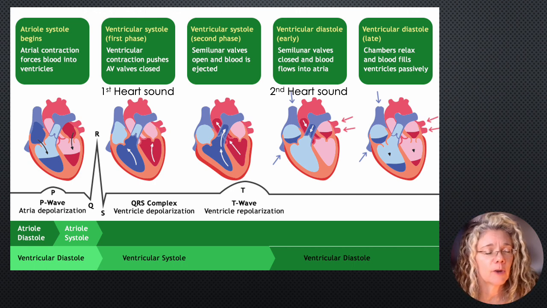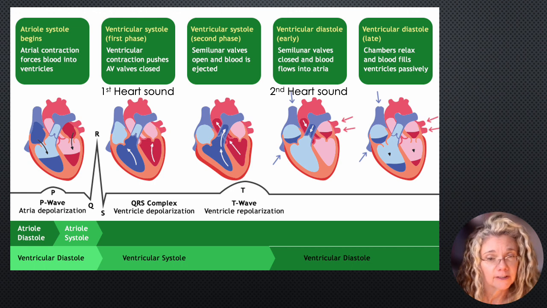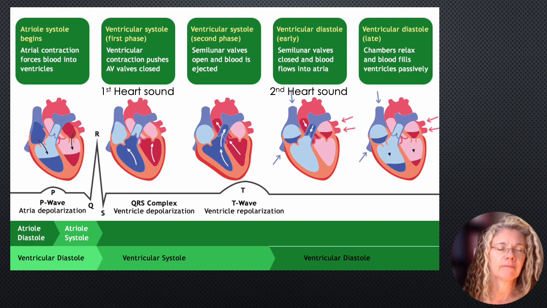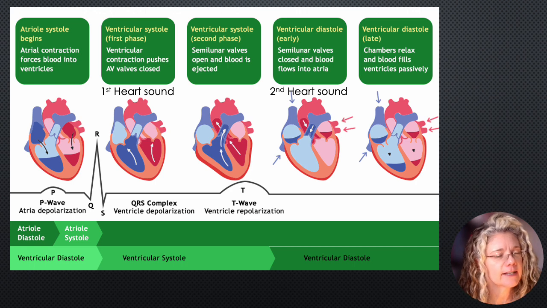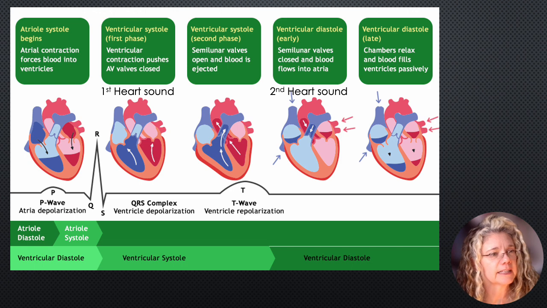It also just opens the door and allows blood to fall into the ventricles. Remember that the structure of the atrial muscle is pretty thin. It's not super strong. So the contraction here is happening, yes, but it's not a forceful one. All right, then as we get to the QRS complex, atrial systole is complete, and the atria will repolarize electrically.